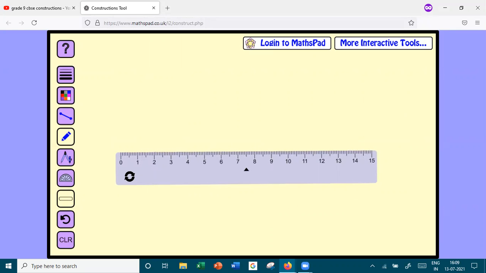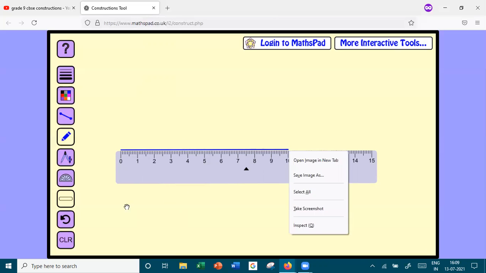In this case, I'm making a 10 centimeter line, so that when we bisect it, we should get 5 and 5. You can take 11, 12, anything. 8 also, you get 4 and 4. Since you're doing this new, take some whole numbers, not something which you get in decimals.